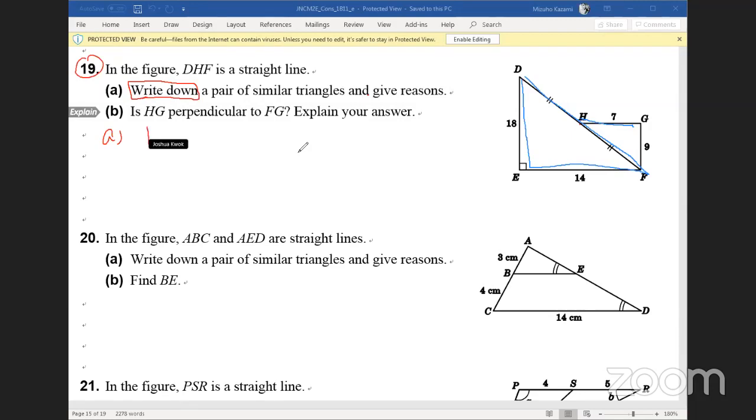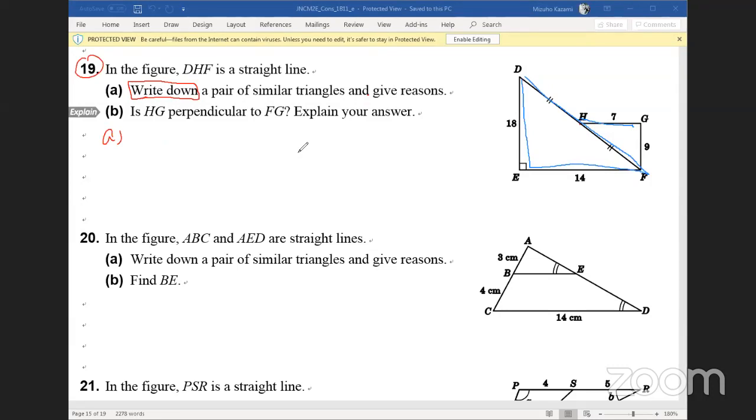We don't have much information about the angles. Because if you look at those reasons, two of them are extreme. AAA means you have the information of all the angles. The other one, if you have information of all three sides, and then the remaining one, you need two sides and one included angle.